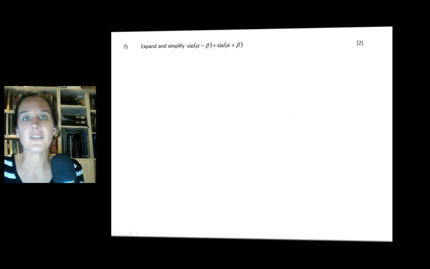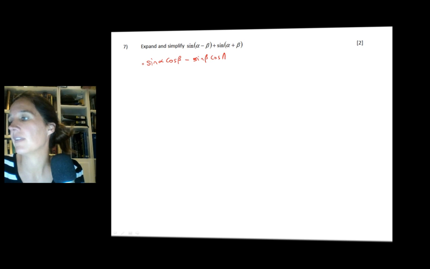Now looking at question 7, we want to expand and simplify sine of alpha minus beta plus sine of alpha plus beta. Our first thing is to substitute each of these in. We're going to have sine of alpha cosine of beta, remembering minus gives us a minus again, so here we have sine of beta cosine of alpha.